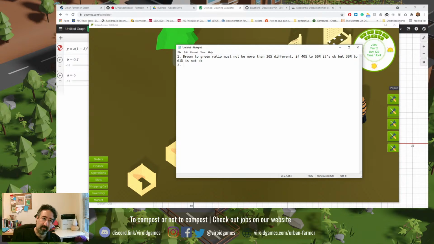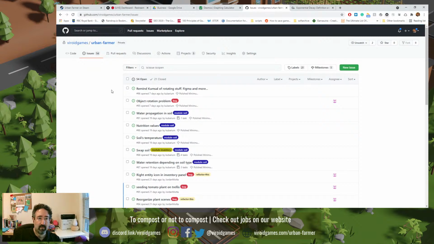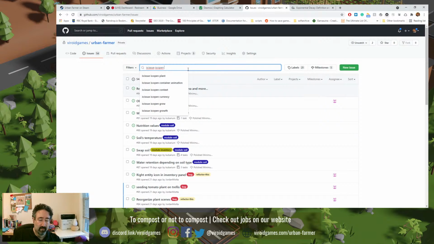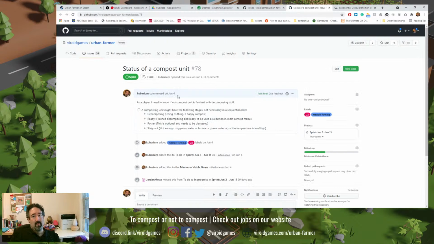Number 2. Actually, if I'm writing this here, I may as well write this. This is just a discussion thing. I'm going to create an issue regarding composting. Status of a compost unit. I need to know if my compost unit is finished with decomposing stuff.